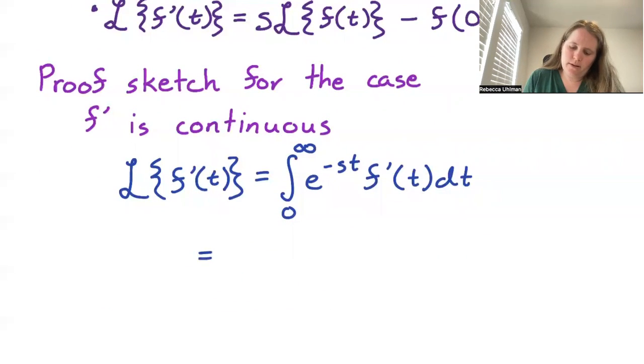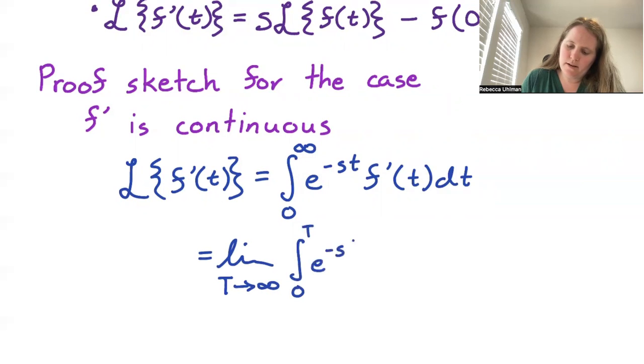This is equal to the limit as capital T goes to infinity of the definite integral from 0 to capital T of e to the negative st times f prime of t dt.